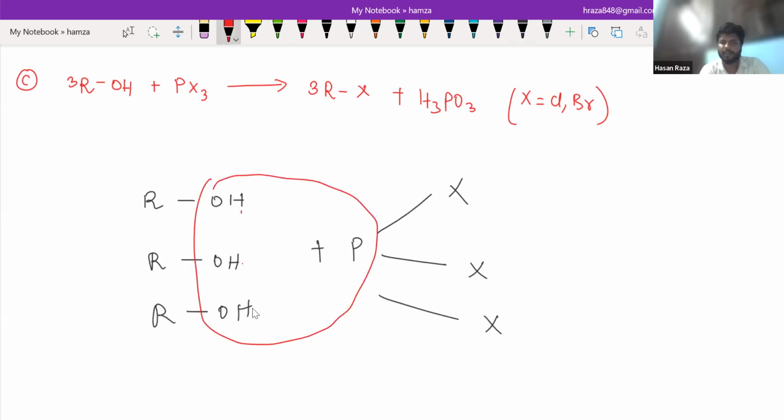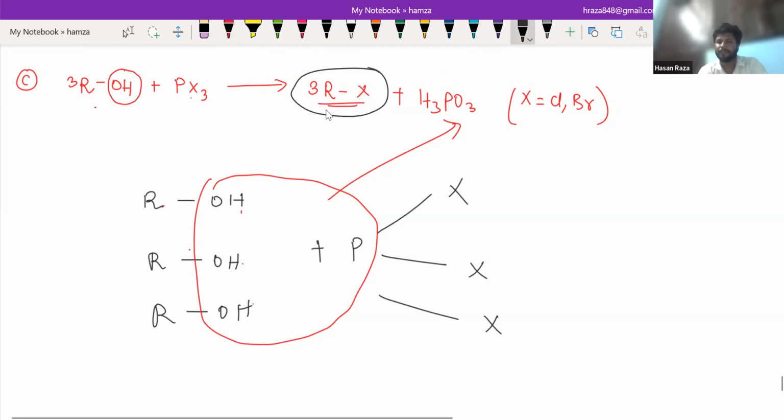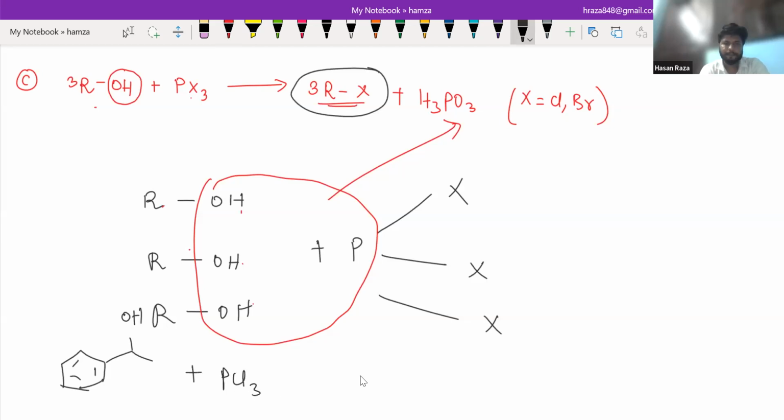You can see H3PO3 is this, and then RX, RX, RX, that means 3 moles of RX. So in this case also you can understand like this: just replace OH with X and you will get the main product RX. So I'm going to give you a question. Please write the product.